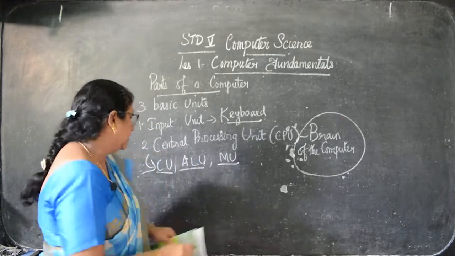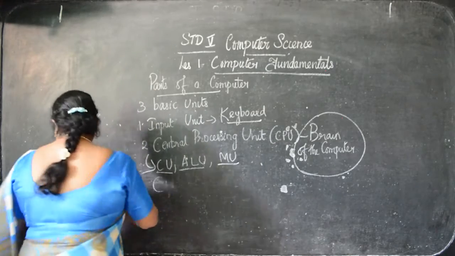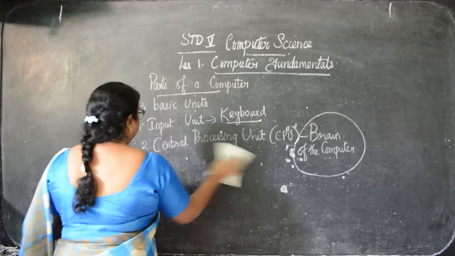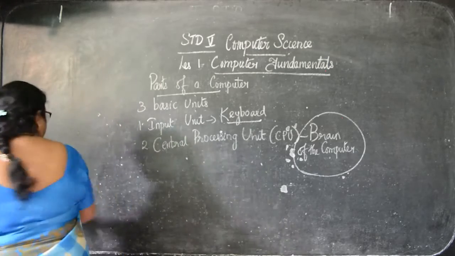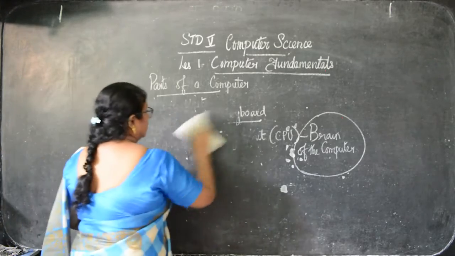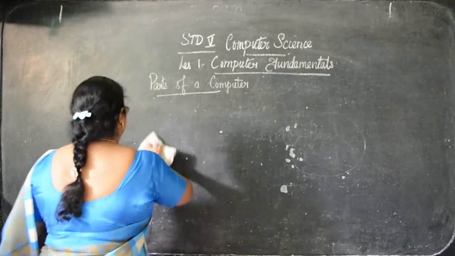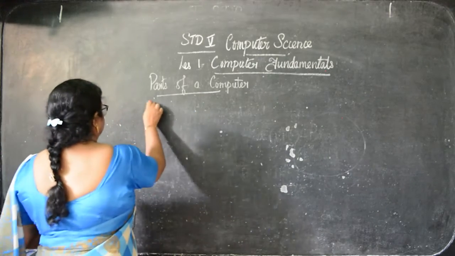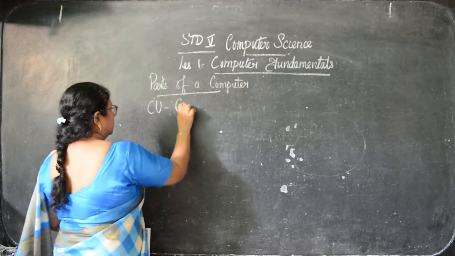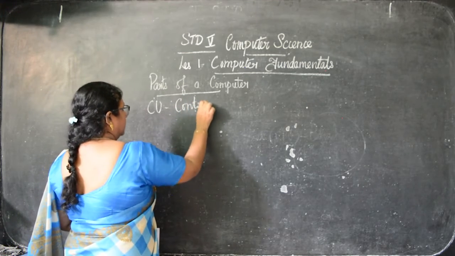Now first you will see the control unit. So the other name for the CPU is the brain of the computer. Keep that in mind. And now we'll see the CU, that is the control unit.